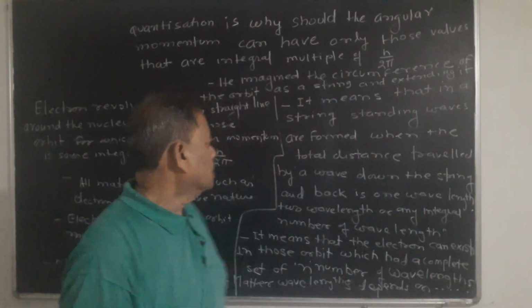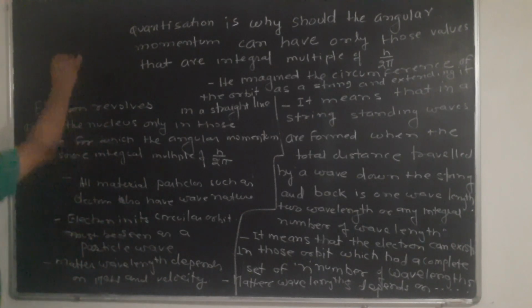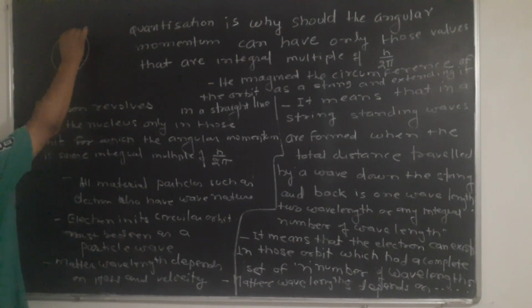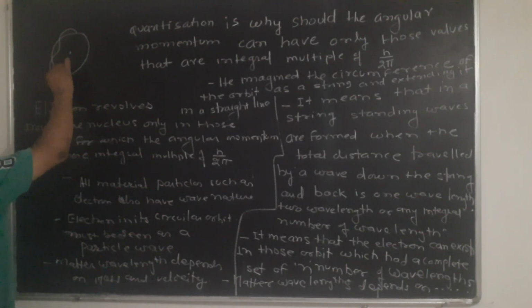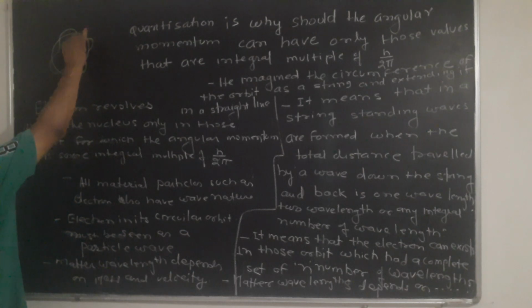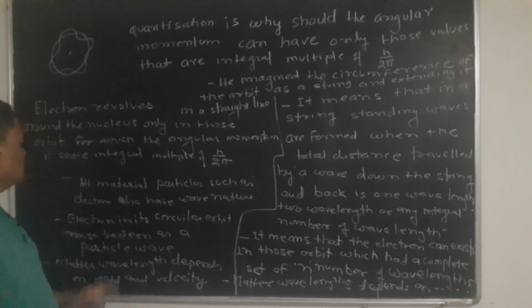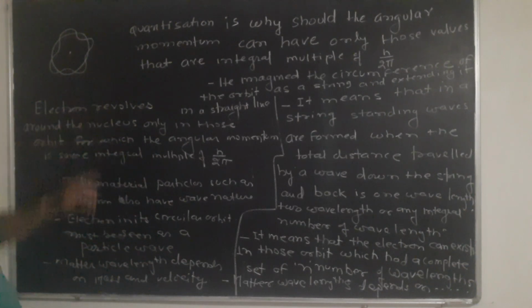So here he said electrons are revolving around the nucleus and also have wave nature. All material particles such as electrons also have wave nature. An electron in its circular orbit must be seen as a particle wave.